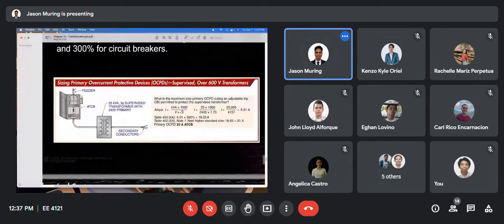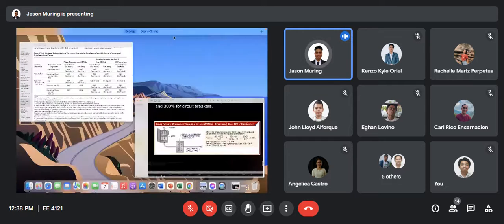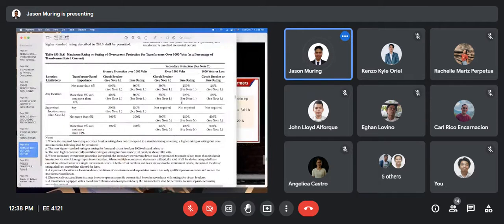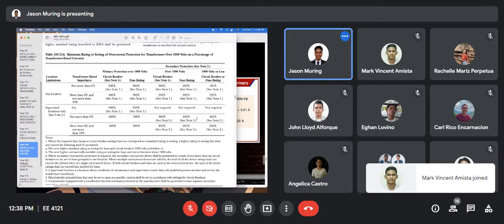But here, what is the maximum size of the primary? So we have to calculate for the primary over 600. So where is over 600? There is only over 1000, more than 6 and not more than 10. 300.